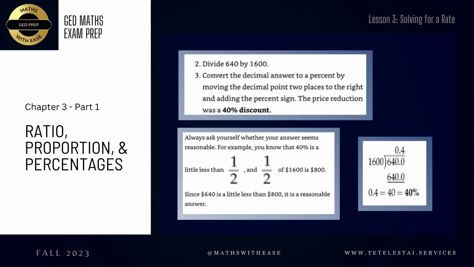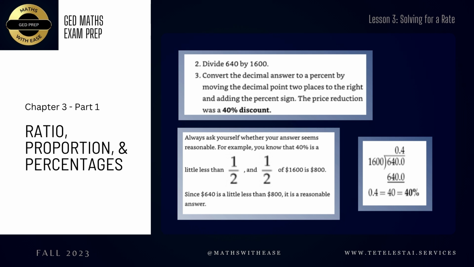Well, 40% is less than 50%, right? So whatever this quantity represents, which in this case is 640, should be less than whatever 50% of 1,600 is. And 50% of 1,600 is 800, and 640 is less than 800. So our answer makes sense, right?